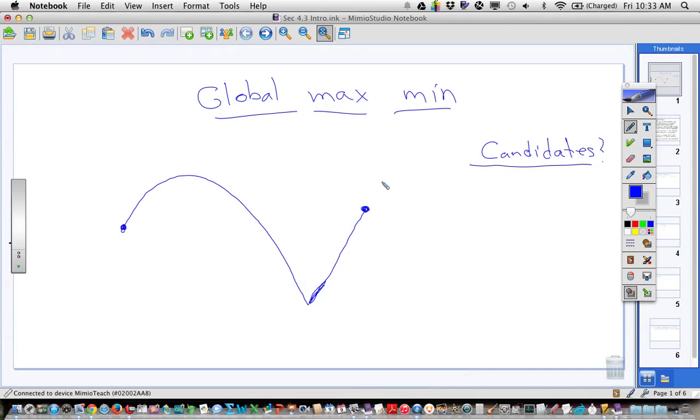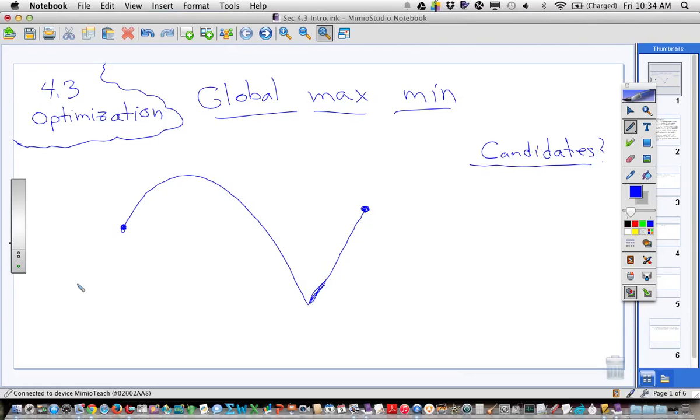So let's do this. We're going to be talking about section 4.3, which is about something called optimization. If you're going to major in business, oftentimes you take an applied calculus class that's required, so it's a little different than a regular calculus class.